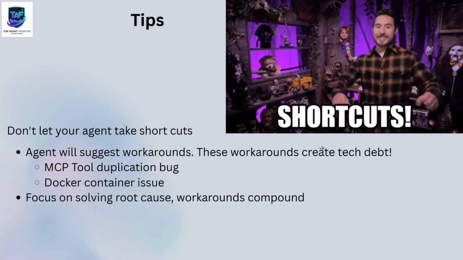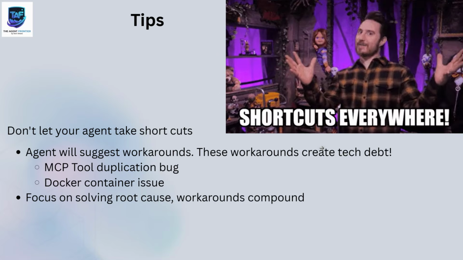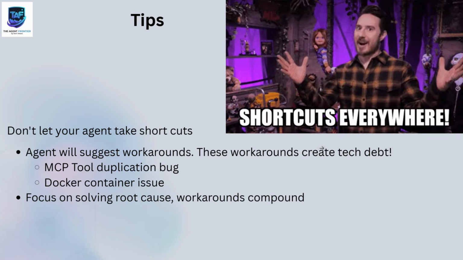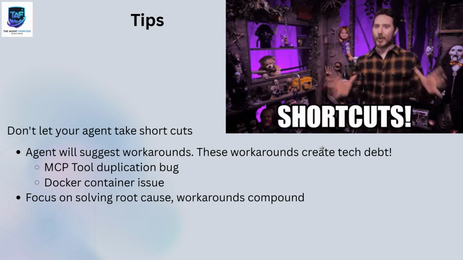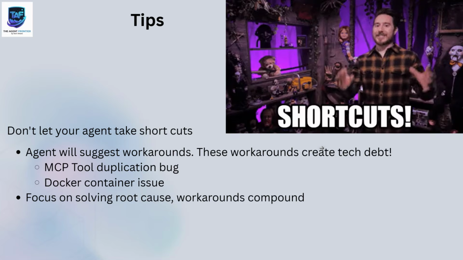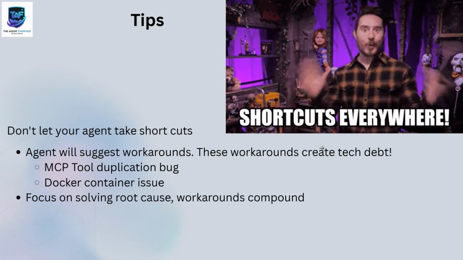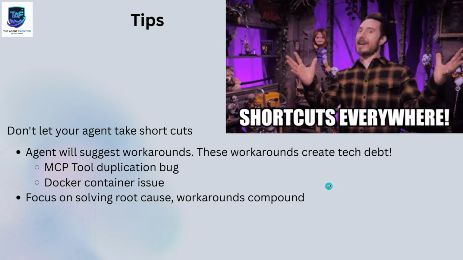What I did have to do was rewind, reset, and go back and actually work with the agent to figure out what was going on with my Docker Desktop. Once we got that sorted, then we could move forward. So do focus on solving root cause issues, because workarounds will compound and you will create a much bigger mess that is more difficult to unwind.